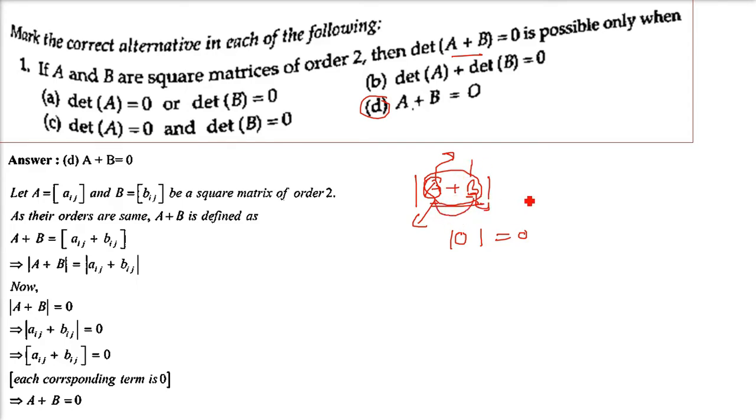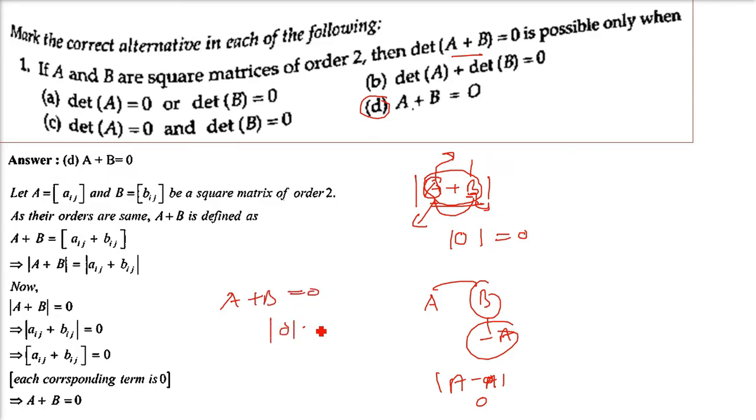If both are zeros, then also 0. If, say, B is equal to minus A, then also the thing remains the same, A minus A is 0, or B minus B equals 0. So the logic here is that A plus B has to be equal to 0, then only the determinant of A plus B equals 0 is possible.